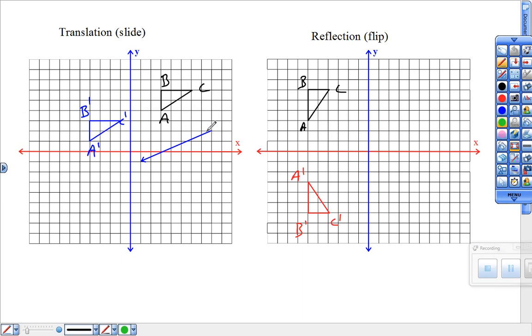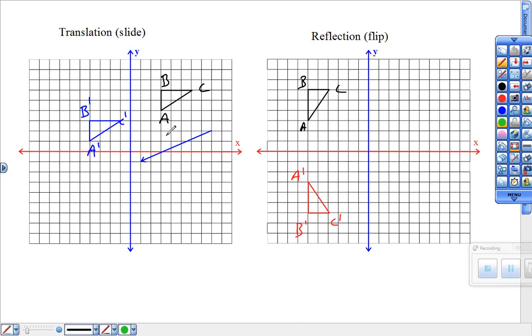I'll say left 7, down 3, so you move every point left 7, down 3. Or I'll give you a vector which shows you the direction you're moving in, that same left 7 down 3 pattern. So every point: A, left 7 down 3, C, left 7 down 3. That's a slide. The fourth word is cow.